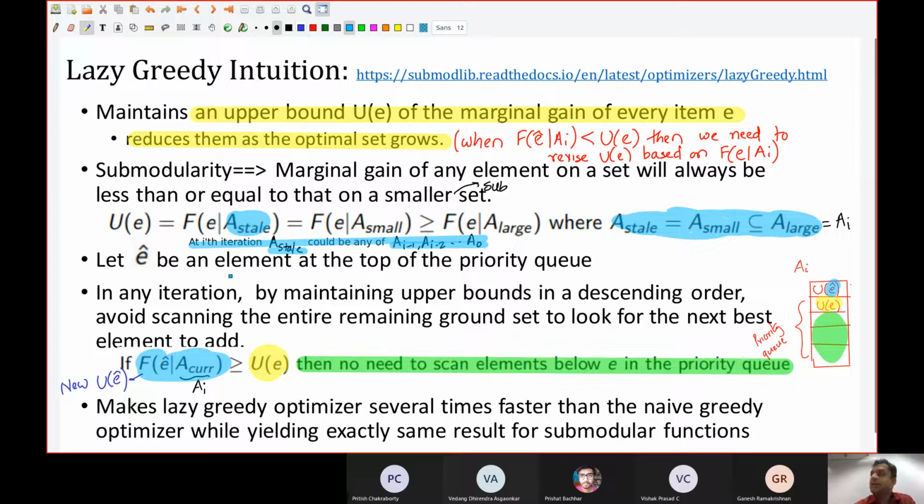Okay, I hope this is clear. So it makes the optimizer very fast in practice while yielding the same exact result. There's no change in the result.